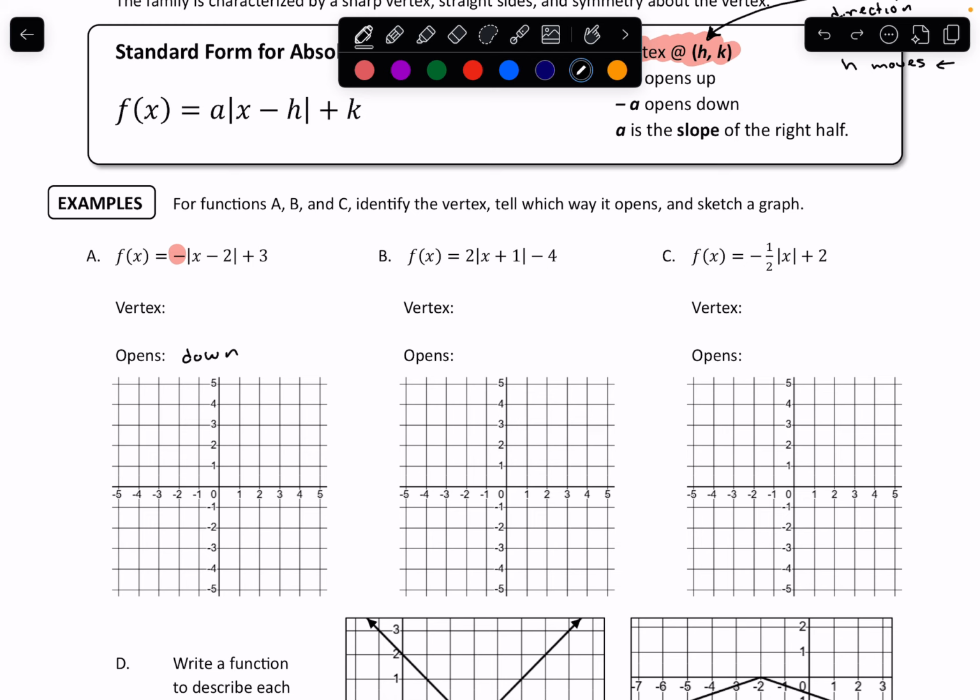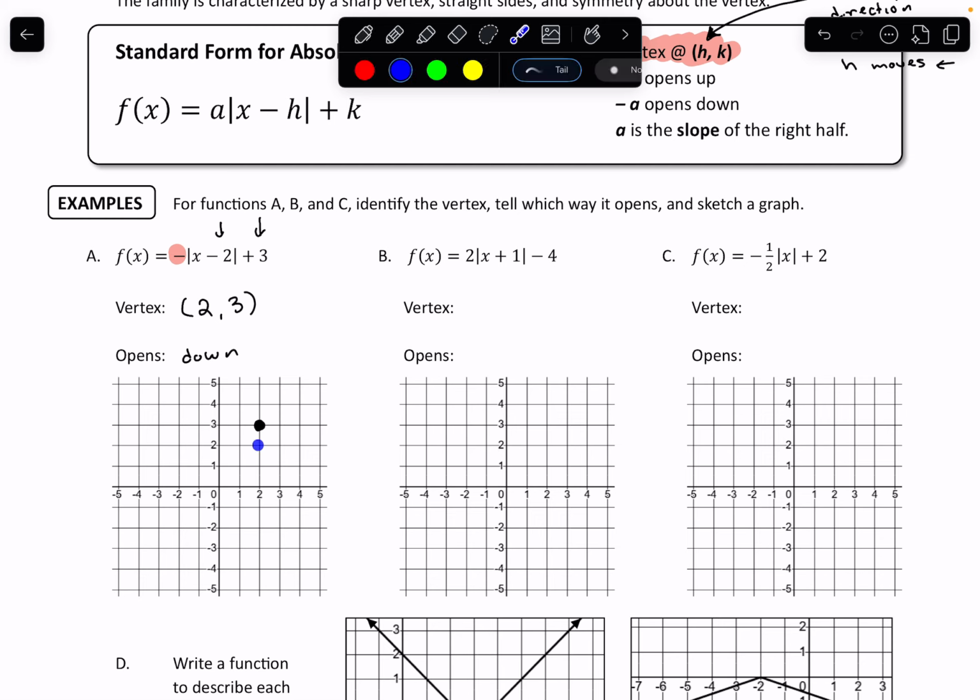Now, the negative 2 and the 3 tell me that my function is going to be shifted to the right 2 and shifted up 3. So my vertex, instead of being at (0, 0), is over 2 and up 3. So my vertex is going to be right there. And then to graph it, I just draw the rest of the graph. Now, it goes down.